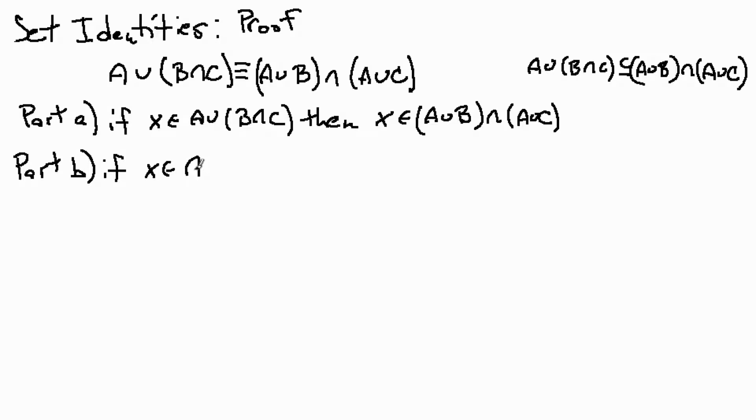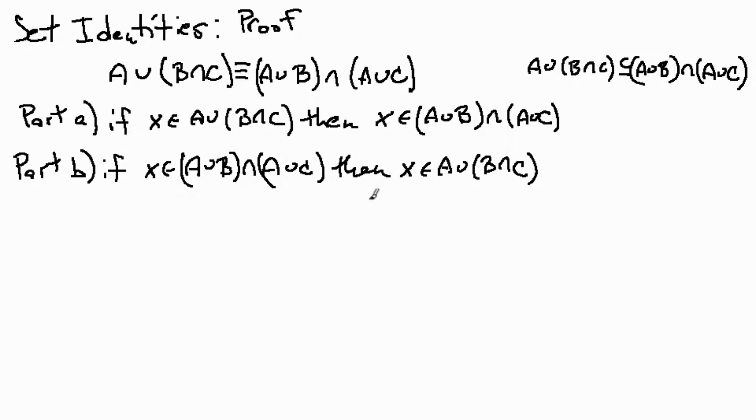If X is contained in A union B intersection A union C, then X is an element of A union B intersection C. And remember that if we've shown that, then we have shown that A union B intersection A union C is a subset of A union B intersection C.